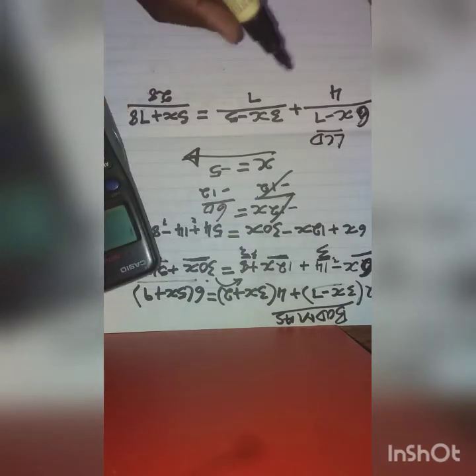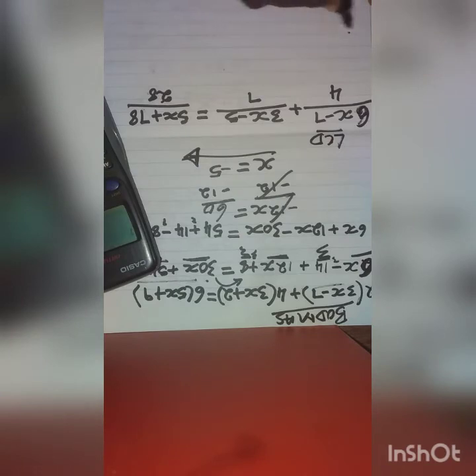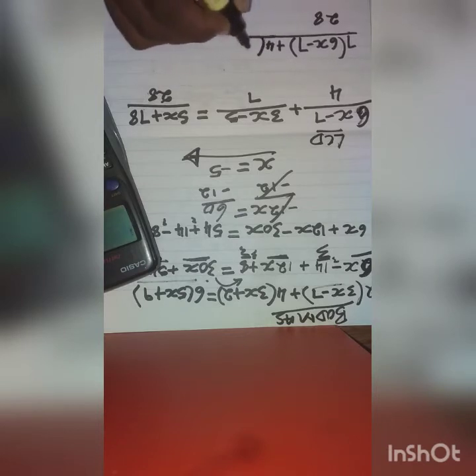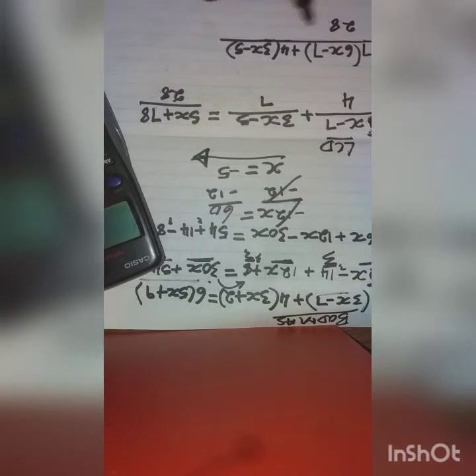So now I can say 28, because I know it's the lowest common denominator, and then 7 into 6x minus 7, plus 4 into 3x minus 5, being equal to 5x plus 78 over 28.